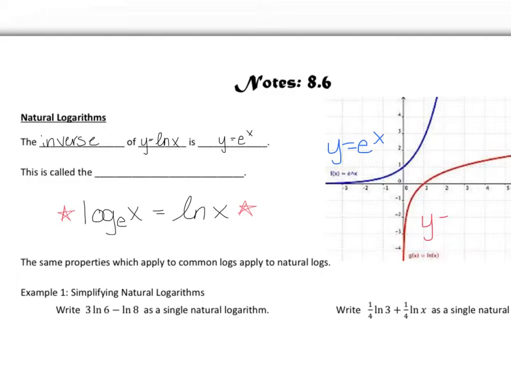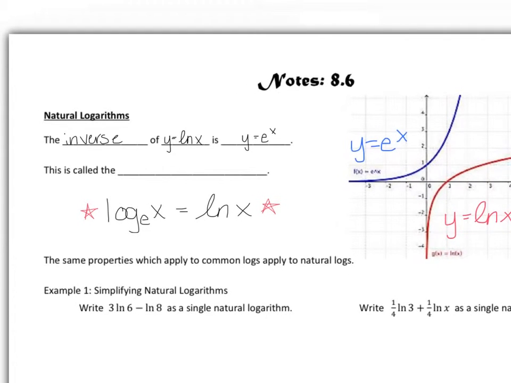So the red one is y equals ln of x. I kind of went out of order. This is called the natural log.